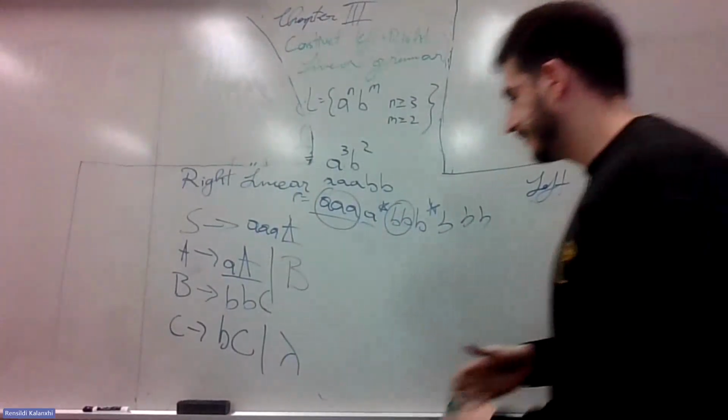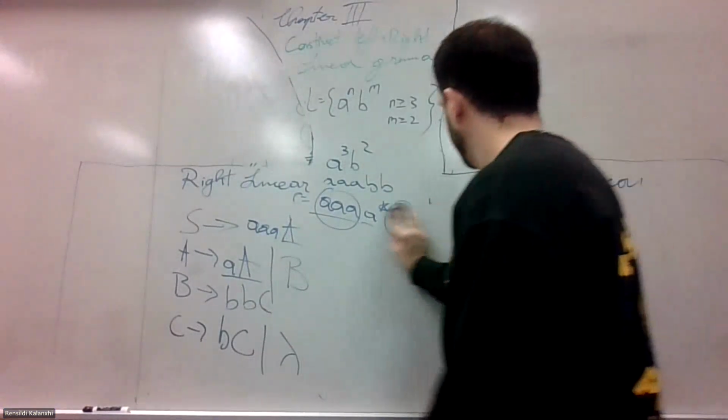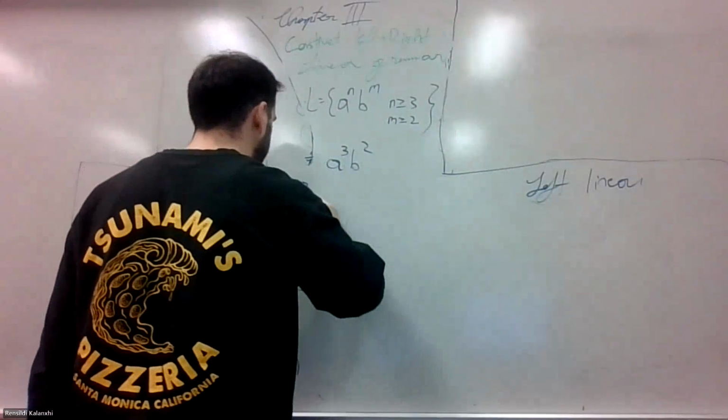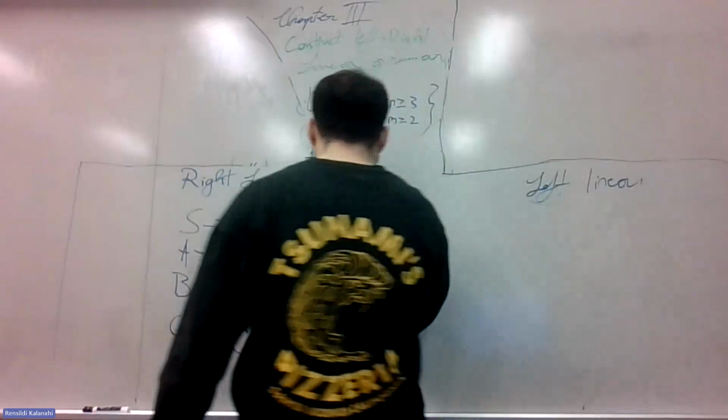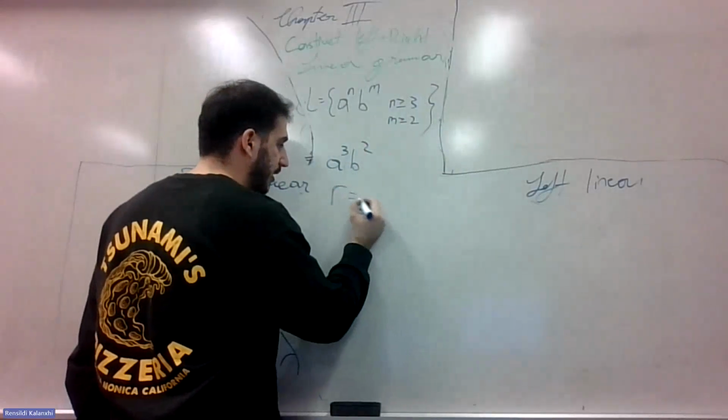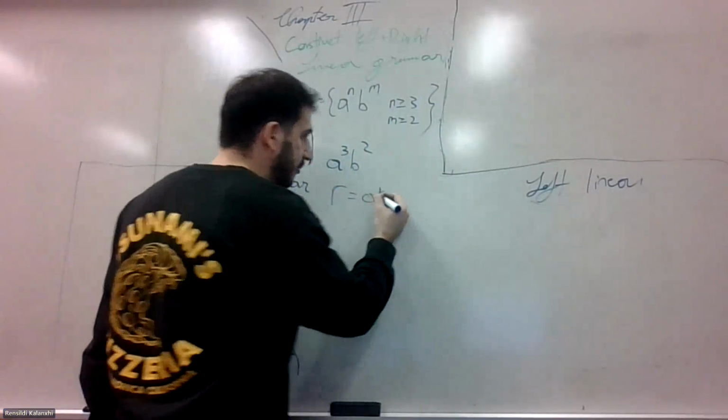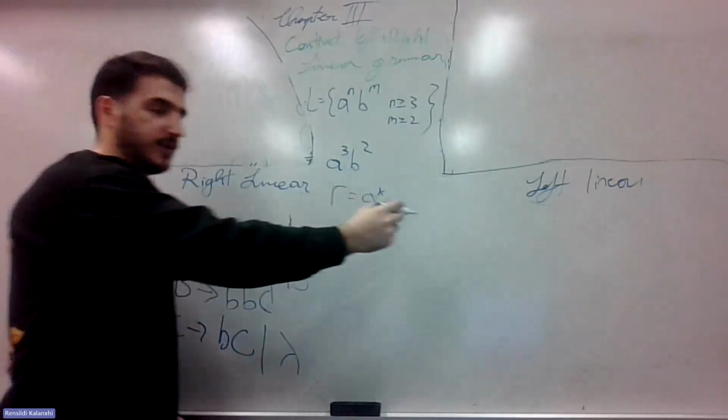I'm going to remove this. All right, so let's do R: A star. Remember, it's left linear.